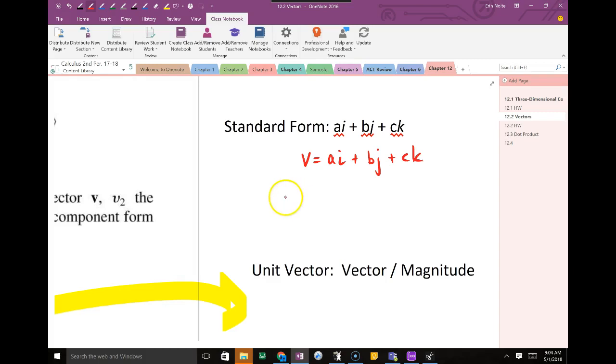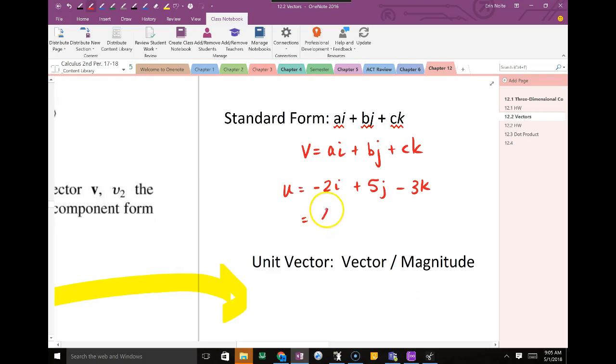Let's say I had a vector u and it was -2i plus 5j minus 3k. What would the component form of that vector be? The number in front of the i is the x, the j is the y, k is the z. Yeah, -2, 5, -3. That's it.